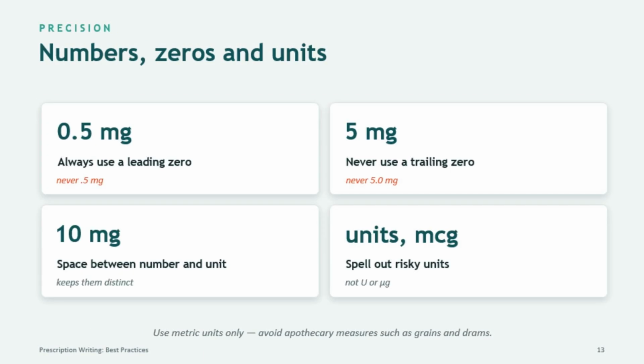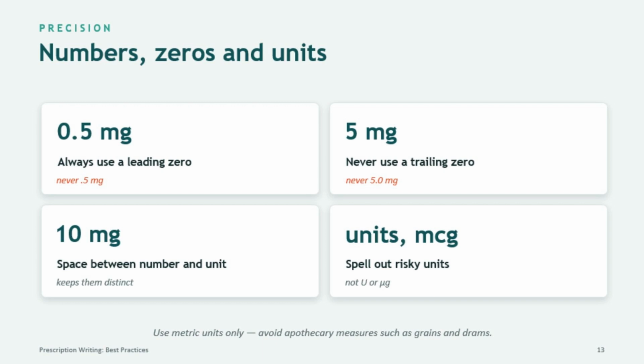Let me slow right down on numbers, because this is where a tiny slip becomes a tenfold error. Rule 1. Always use a leading 0. Write 0.5 milligrams. Never just .5, which can be misread as 5. Rule 2. Never use a trailing 0. 5 milligrams, not 5.0, which can look like 50.